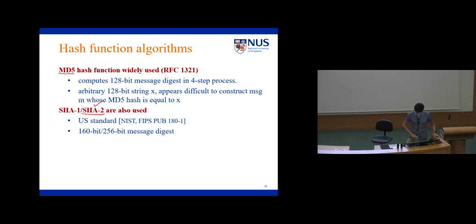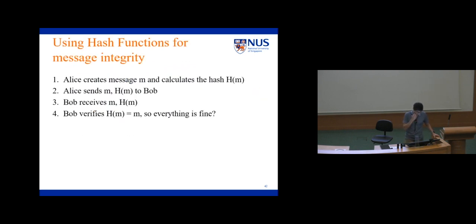Okay, so we discussed the hash functions as a primitive, but we still don't know how they can be useful. So let's go over this example and see how hash functions can help us provide message authentication or ensure the integrity of messages.